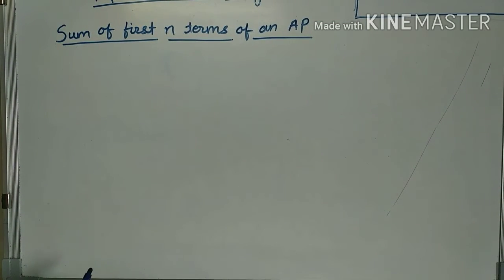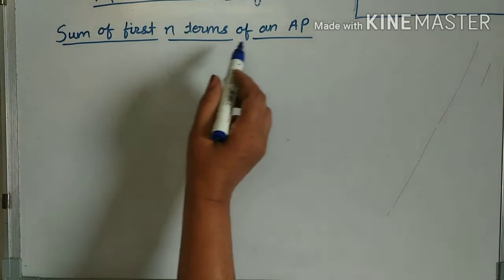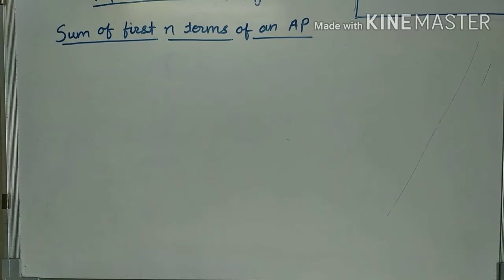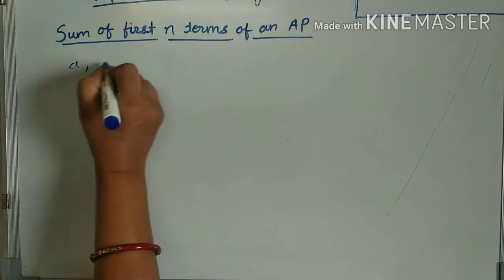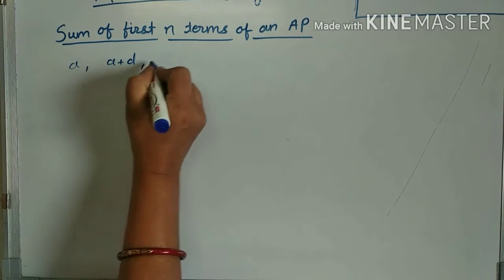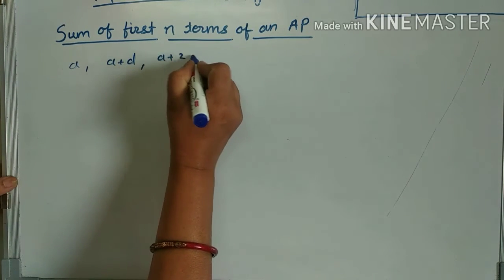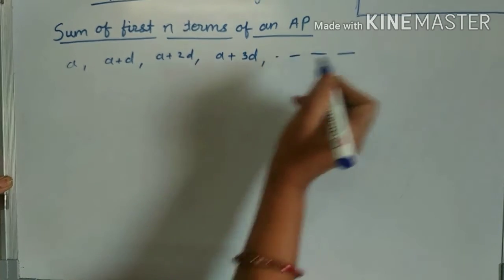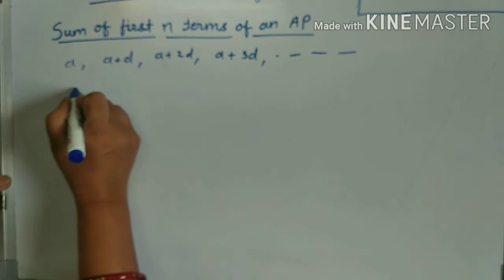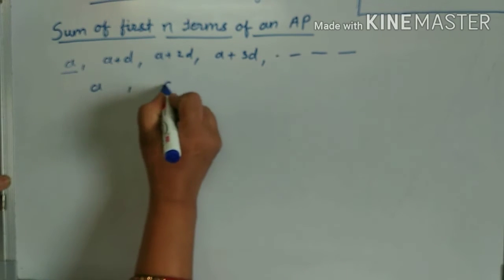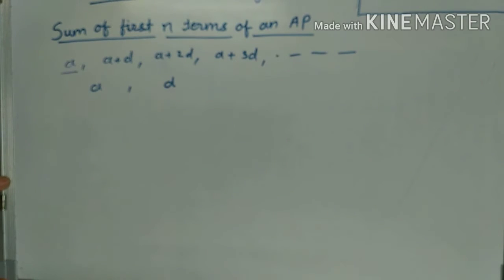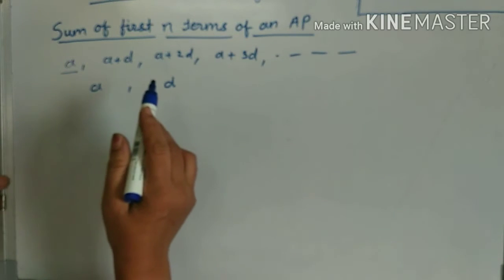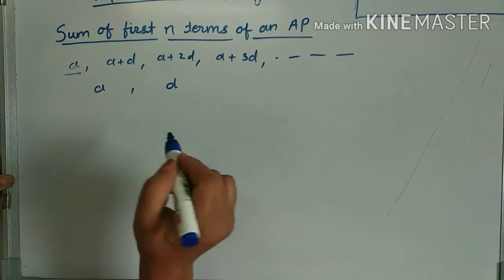Now we derive the formula for the sum of the first n terms of an AP. AP is A, A plus D, A plus 2D, A plus 3D and so on. Here first term is A and common difference is D. The sum of first n terms is written as Sn.